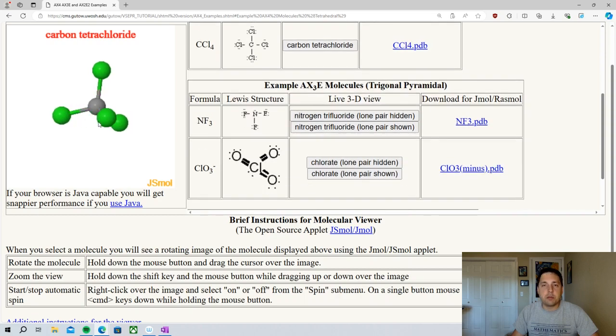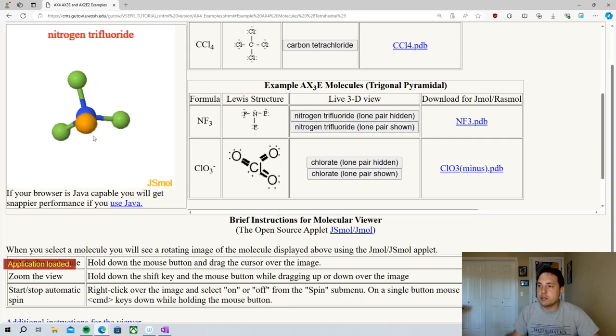If we instead replace one of these atoms with a lone pair, like in nitrogen trifluoride, we'll see that the geometry pretty much stays the same, just one of those lone pairs is invisible. We typically can't see lone pairs with modern methods. If you had a crystallography device, you could see the atoms, but you wouldn't be able to see the electrons.